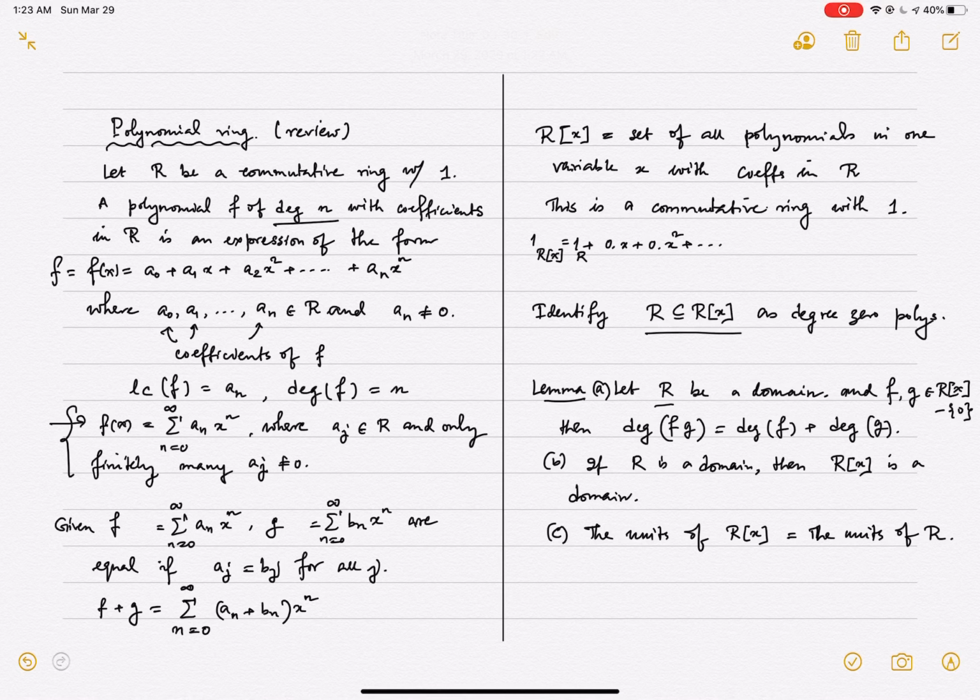So of course if you take a unit in R, it's going to be a unit in R[x]. But all I'm saying is that any unit of R[x], first of all, has to have degree 0. Because if it has degree strictly positive, whatever you multiply it with, it's still going to have positive degree by this. So you can never get a constant that way. So you cannot get 1 that way.